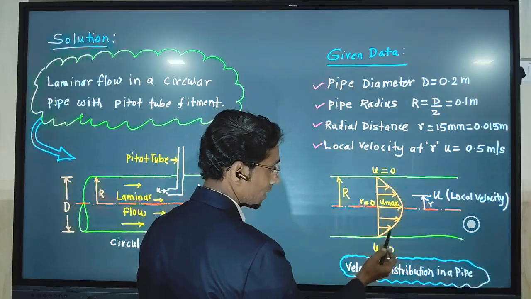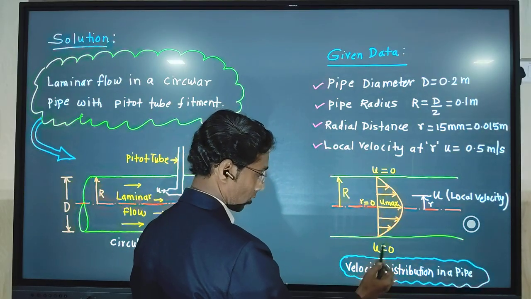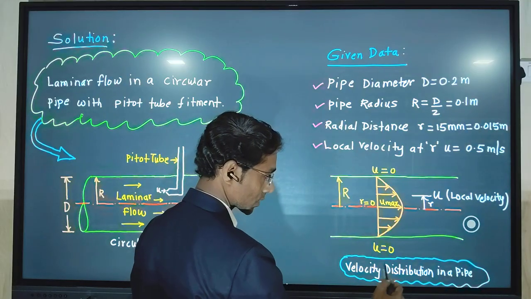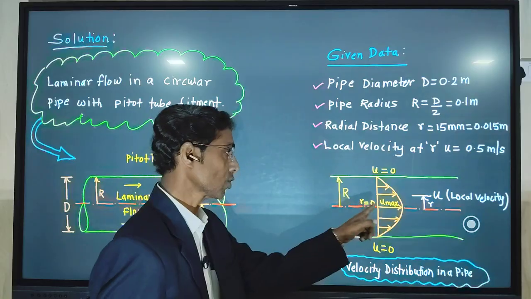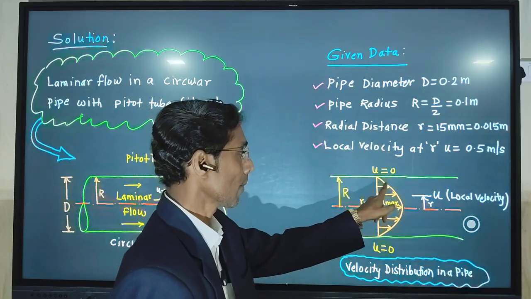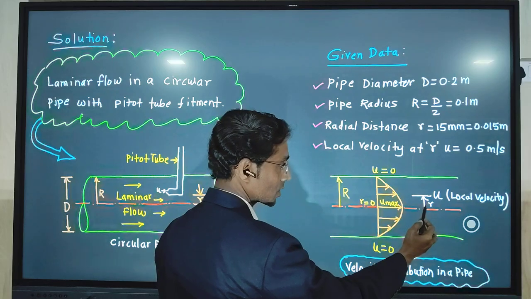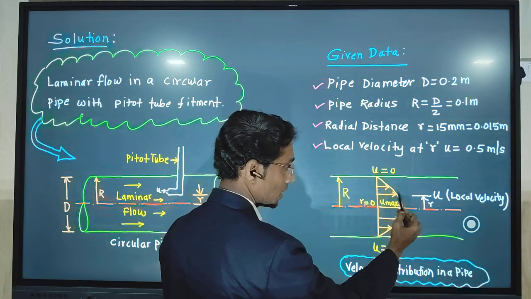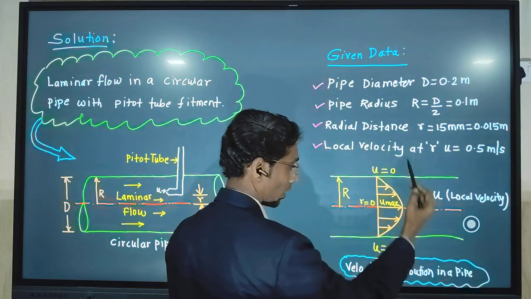So here we find the variation of velocity curve, which is called the velocity distribution profile in a pipe, and the nature of this velocity profile is parabolic. Now here at a radial distance small r, we can see the local velocity.